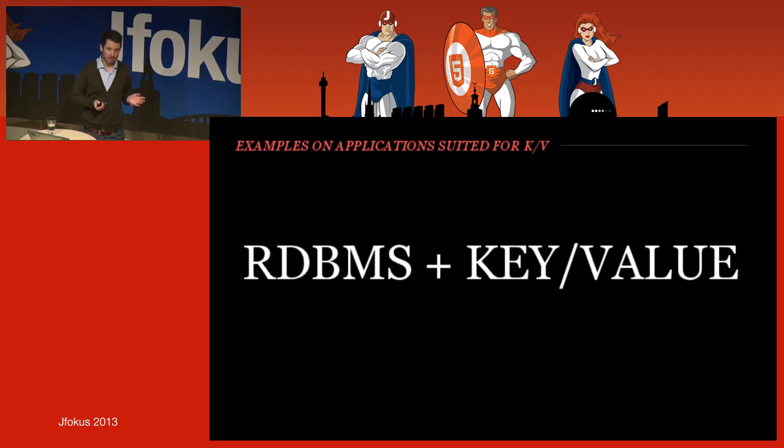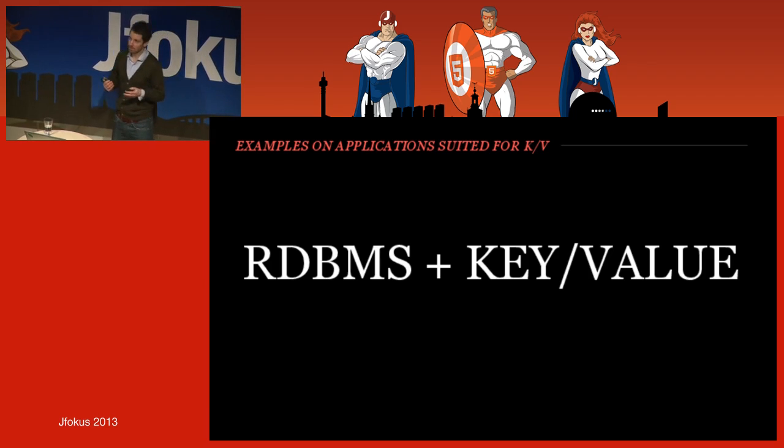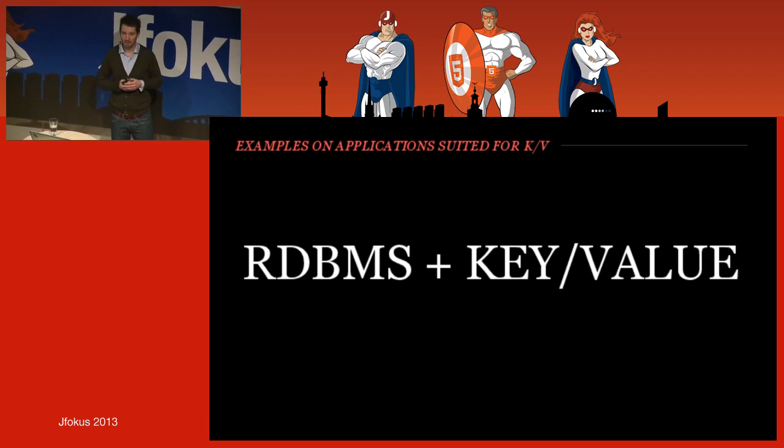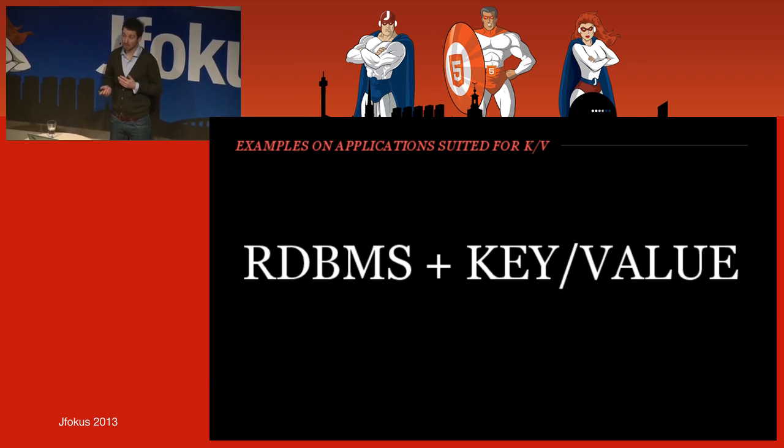You can use it as a calculation machine, where you store the data in the relational database, but all calculations, sorting, and grouping of data is done in the key value store. It's the same as the cache, but it's a much more advanced cache, and it's much faster than a relational database.